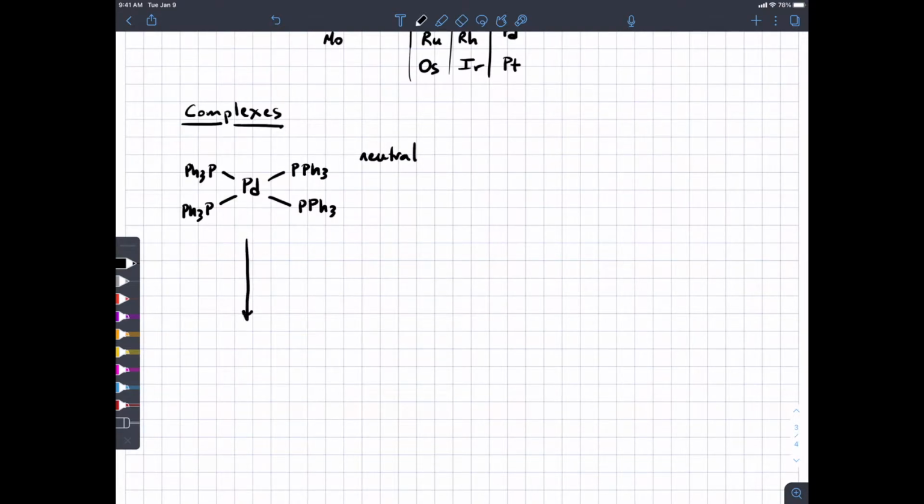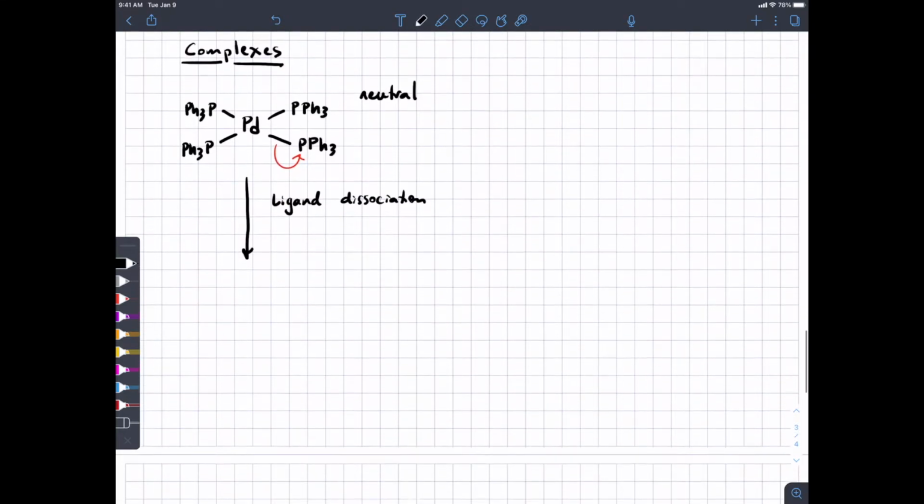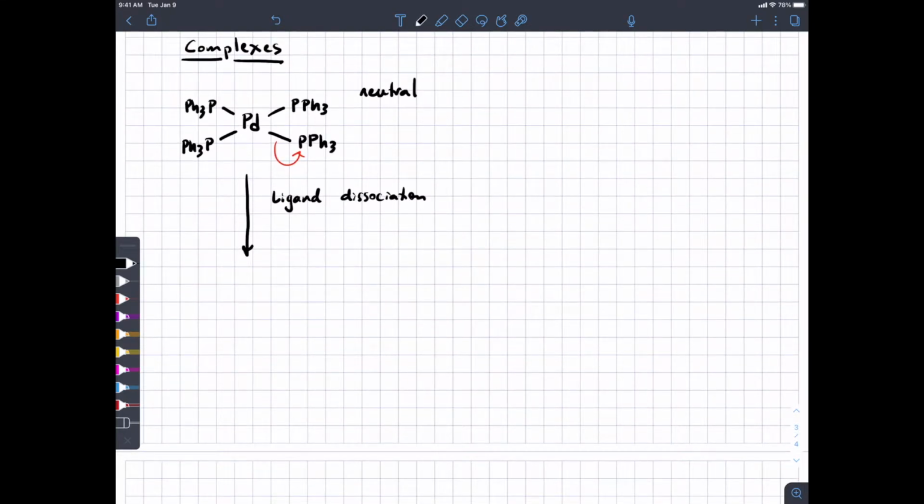Now, one of the boringest reactions that a complex can do is called ligand dissociation. Okay, and when the phosphine ligand leaves, it's neutral.